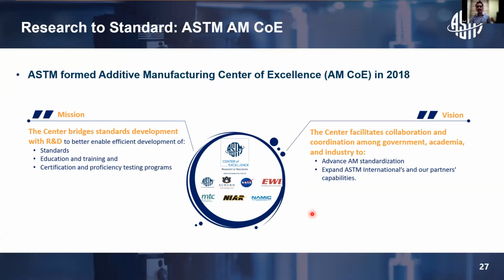So keeping that in mind, ASTM created its Additive Manufacturing Center of Excellence, where it acts as a bridge between the standard development committees as well as R&D. So the R&D activities performed under AMCOE are fed to the ASTM committees to develop the standards.